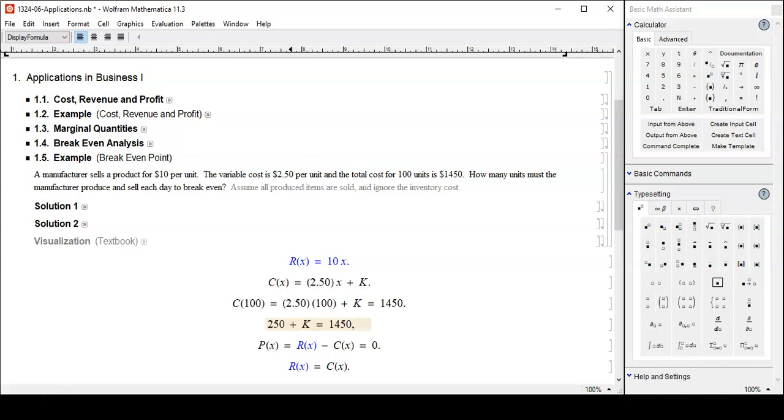So k is 1450 minus 250. That's 1200. Makes sense? So k, therefore, is 1200. And that's something you have to plug in right here, if you will, or right there, if you will.